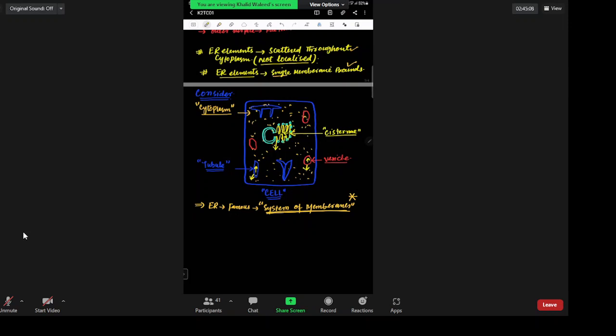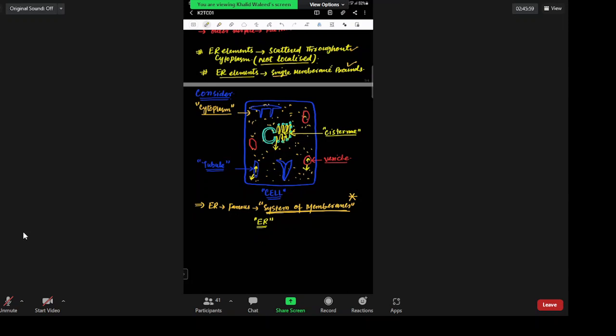वंस मोर, जब हम बात करते हैं एंडोप्लाज्मिक रेटिक्यूलम, इस एंडोप्लाज्मिक रेटिक्यूलम के तीनों कंपोनेंट्स के पास, सिस्टर ने, ट्यूब्यूल्स और वेजाइकल्स के पास क्या है सर? सिंगल मेम्ब्रेन. तो सिंगल मेम्ब्रेन का बाहर वाला साइड साइटोप्लाज्म का और उसके अंदर ल्यूमेन. सिस्टर ने के मेम्ब्रेन का बाहर वाला साइड साइटोप्लाज्मिक साइड और अंदर वाला साइड ल्यूमेन.